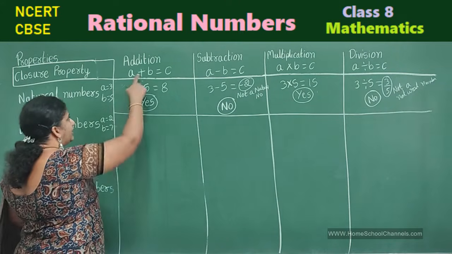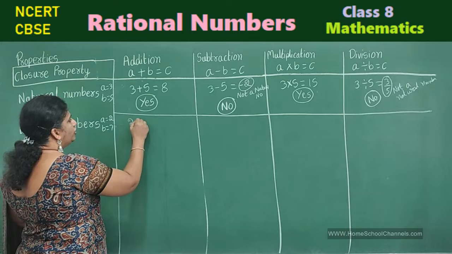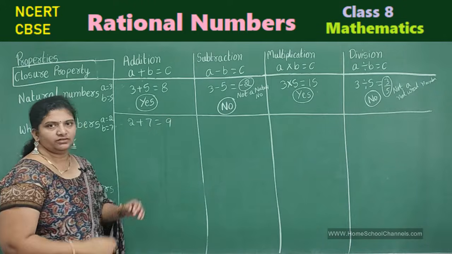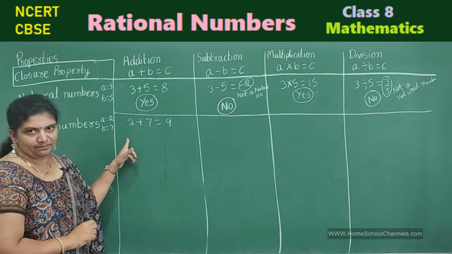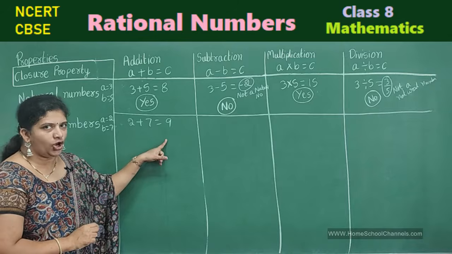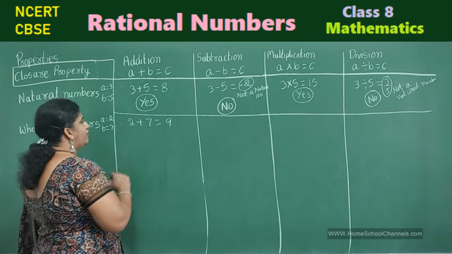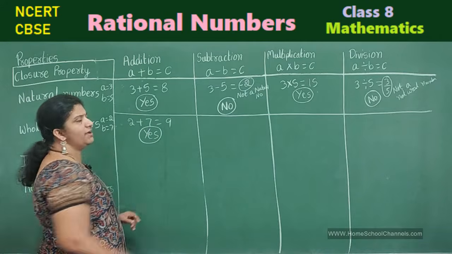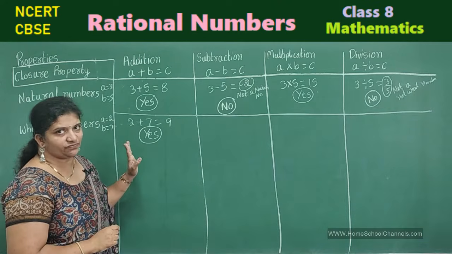Substitute in this A and B value. 2 plus 7 is equal to 9. These two are whole numbers. Sum of the two whole numbers, the result is also a whole number. Yes. Closure property of whole numbers under addition is satisfied.